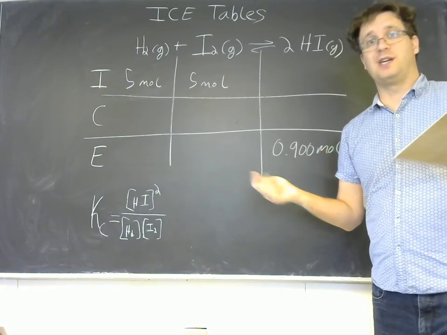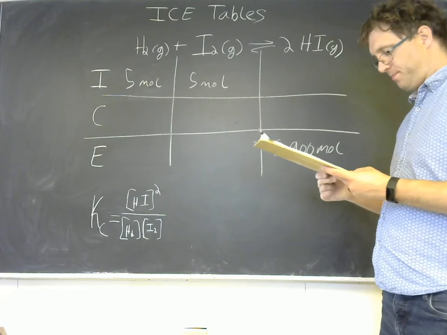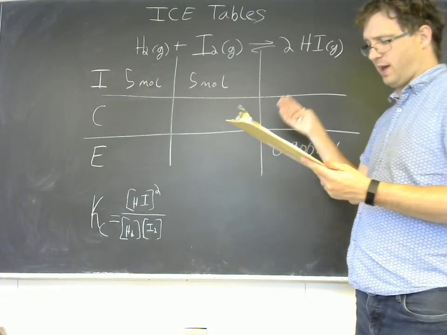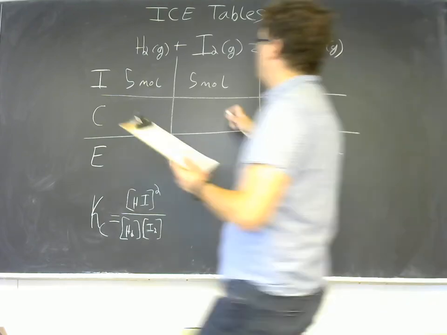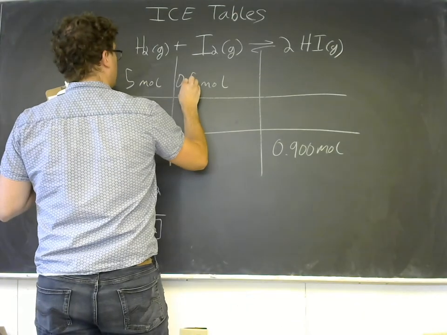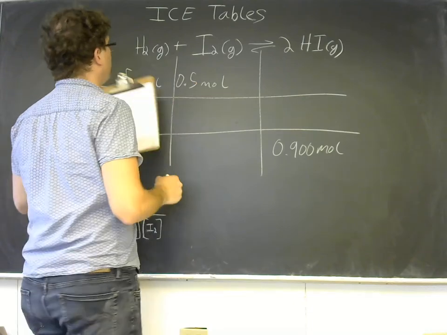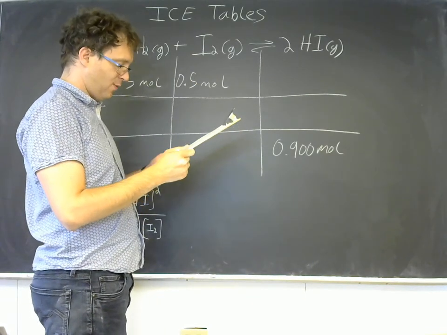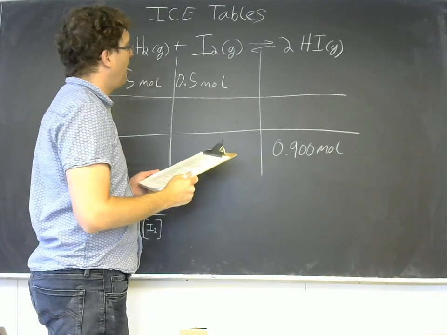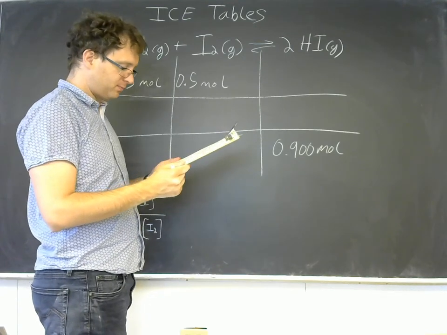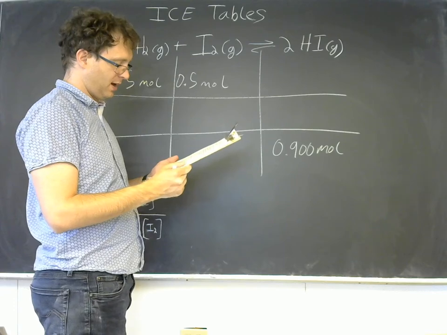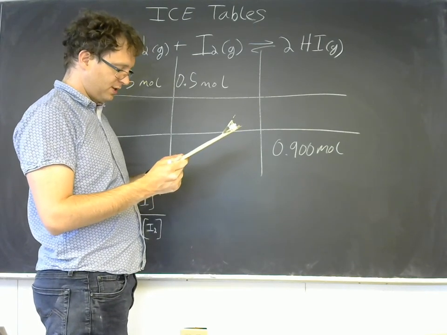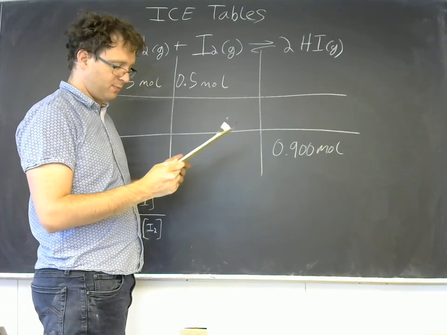If I give you a question like that, you can see this question in the notes PDF that I provided on Canvas. So we have 5 moles of H2 and, oops, a mistake here, 0.5 moles of I2 reacted in a 1 liter chamber, and at equilibrium we observe that the HI concentration is 0.9 molar.